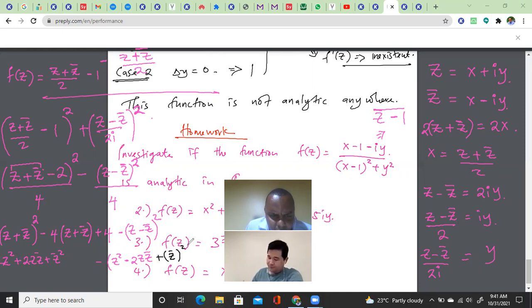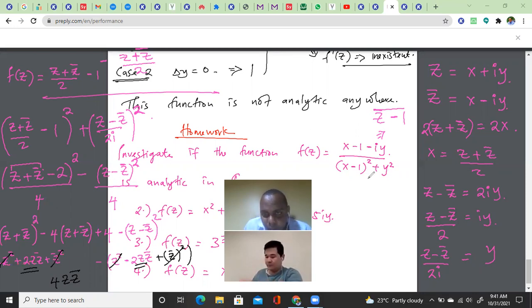So if you subtract, the z squared cancels with the z squared, the z bar squared cancels with that, right? And then the 2z z bar terms combine to give us 4z z bar. And remember, we have a 4 as our denominator.